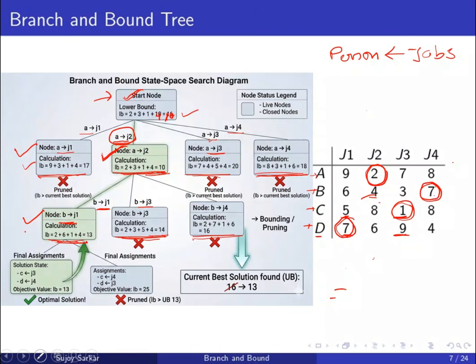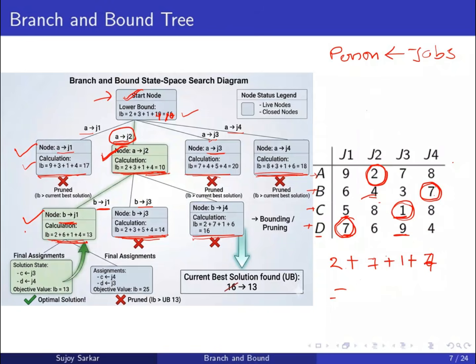So if we add that, I think there is some mistake here. It will be 2 plus 7 plus 1 plus 6. Okay. So that is 16.